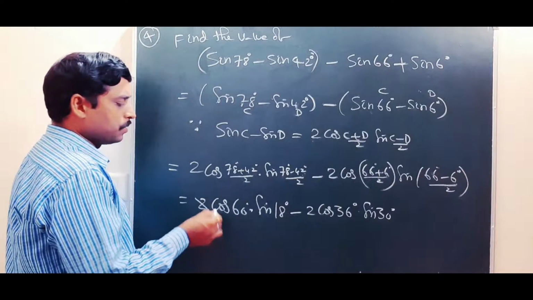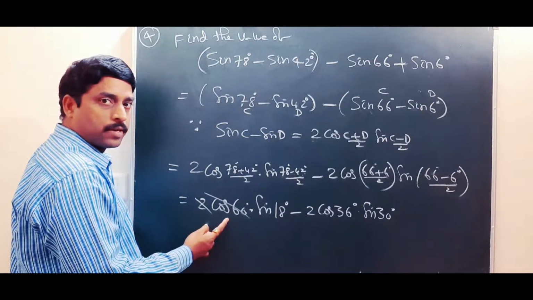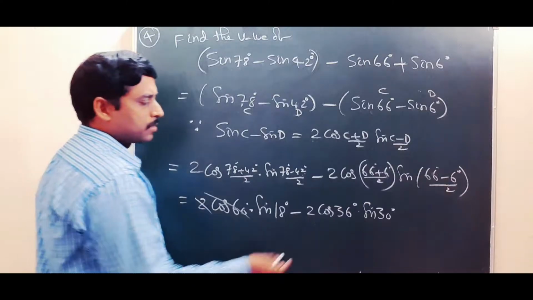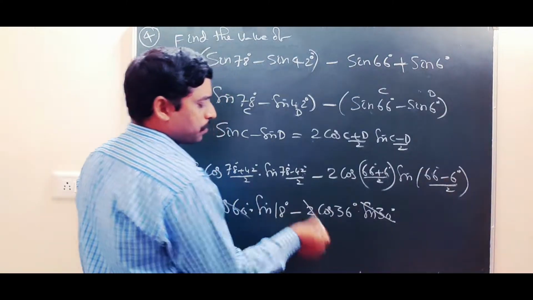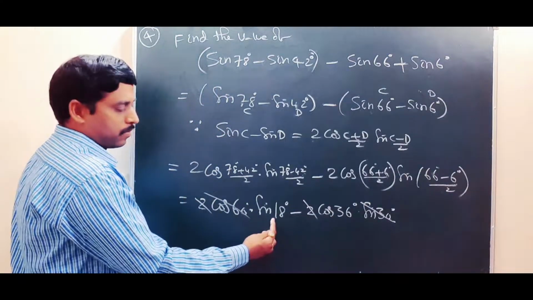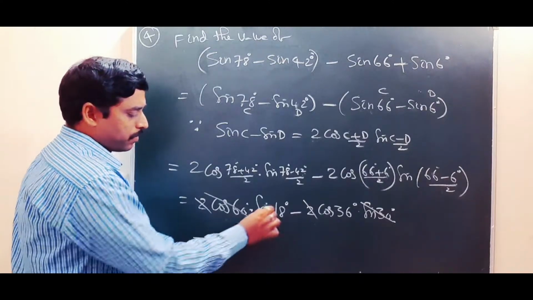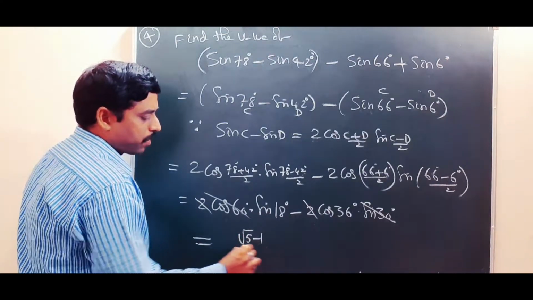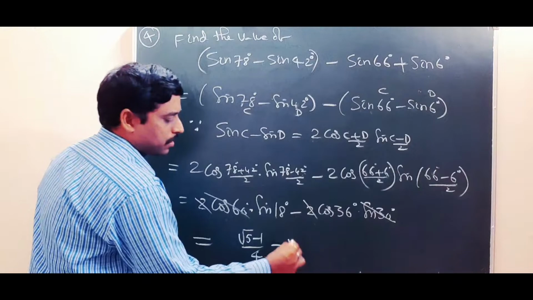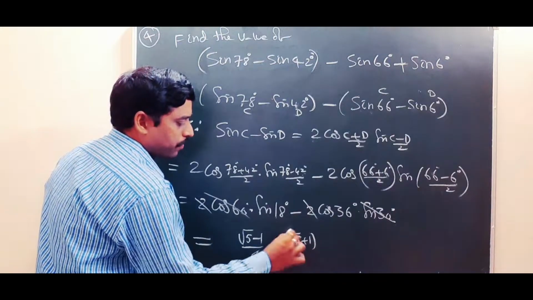So 2 into cos 60 gets cancelled, cos 60 value is 1 by 2, 1 by 2 gets cancelled. Sin 30 value is 1 by 2, 2 gets cancelled. Sin 18 degrees value, we have the formula root 5 minus 1 by 4, and cos 36 value is root 5 plus 1 by 4.